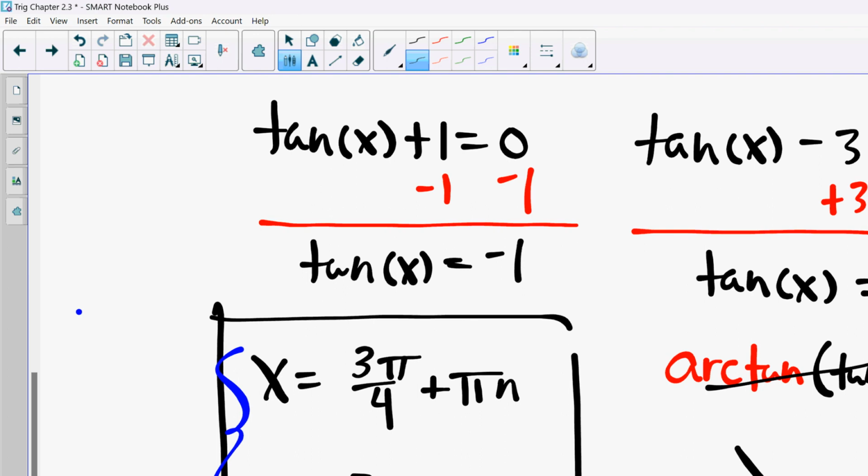These here are simplified, just telling us x is equal to arctangent of 3. Now it's not going to be a nice value. Most likely it's going to be an ugly decimal. So we'll leave it as this here. Arctangent of 3 plus pi n.